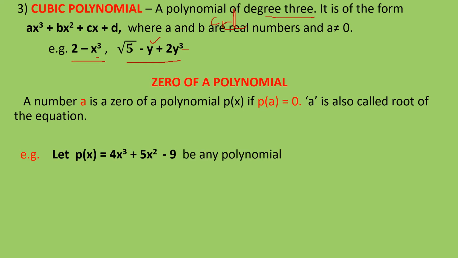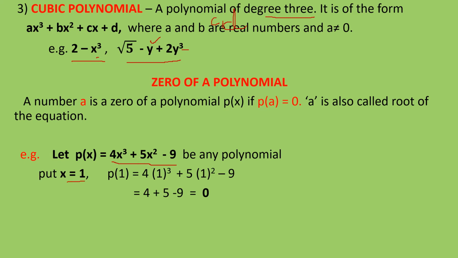Now I will explain with one example. We have p(x) equal to 4x cube plus 5x square minus 9. Here the variable is x. Now if I take x equal to 1, the polynomial p(x) becomes p(1). In this polynomial 4x cube plus 5x square minus 9, I put x equal to 1.